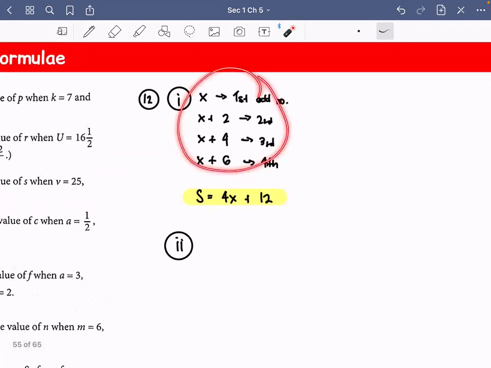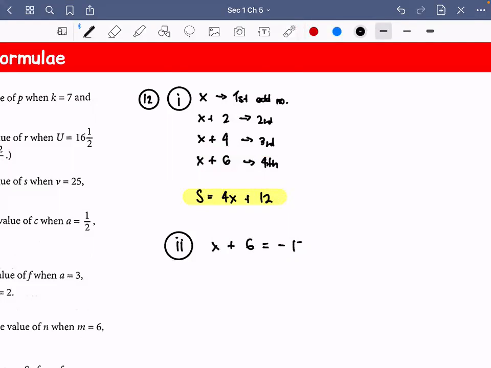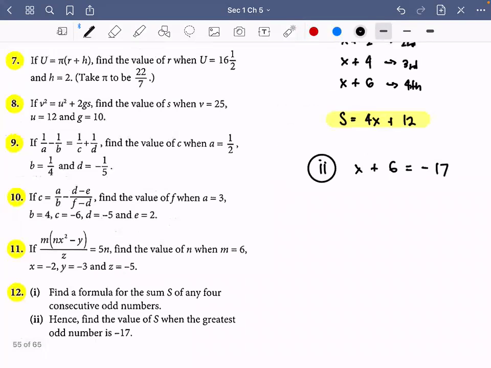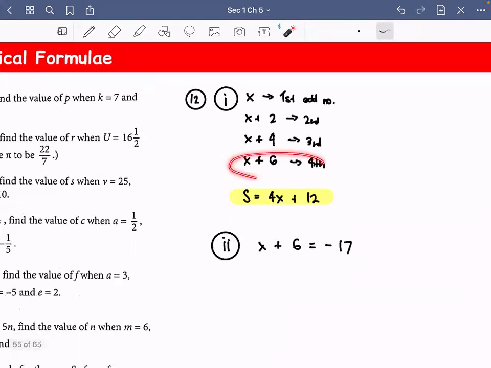This one. The greatest is obviously the fourth one, right? So x plus 6 is equal to -17. That's what it says, right? So x plus 6 is the biggest.